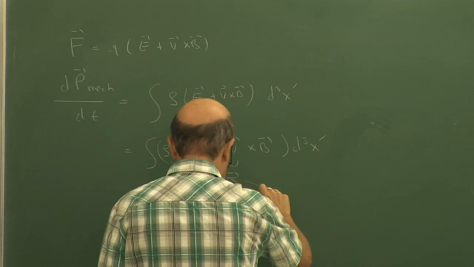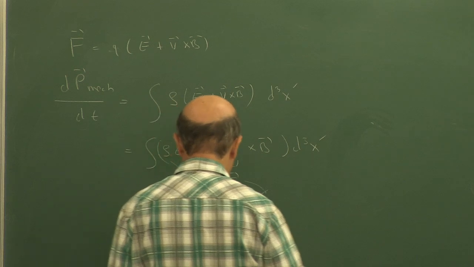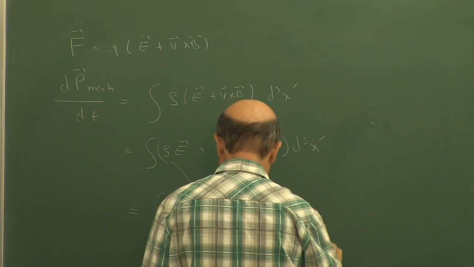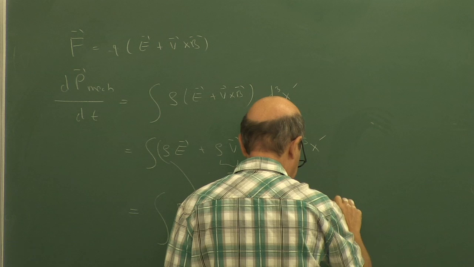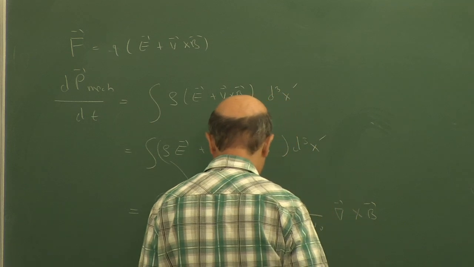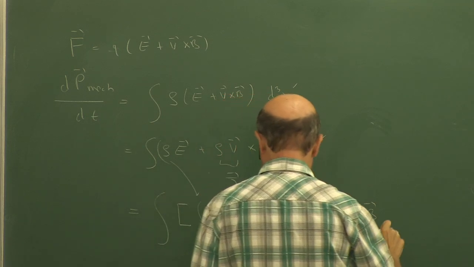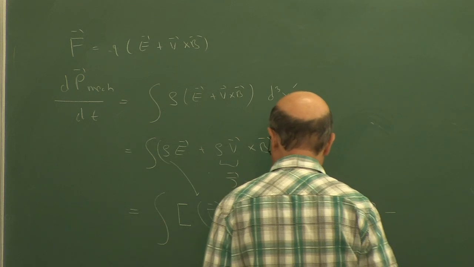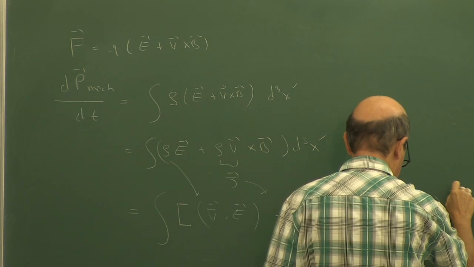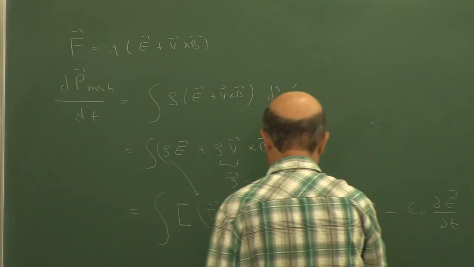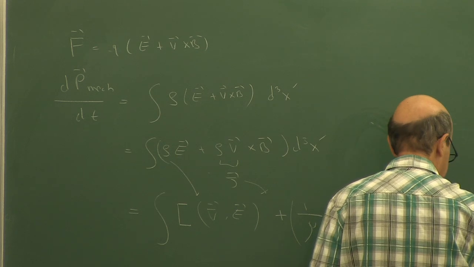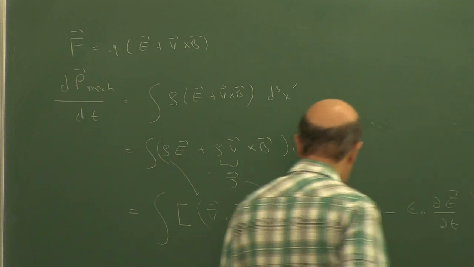For the current density, we should look at the following. We have for the current density 1 over mu 0 curl of B minus epsilon 0 del E over del t, cross product B, integrated through the volume.